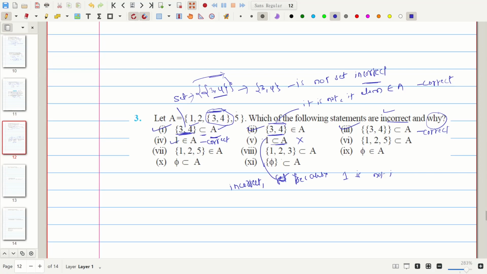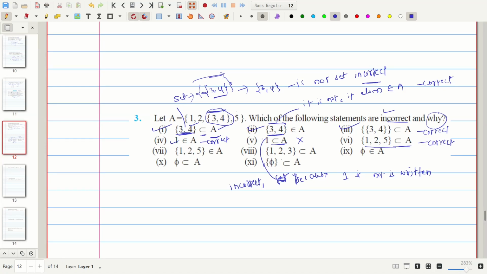For an incorrect statement we have to give the reason. And here {1, 2, 5} is a subset of A, it is correct. The statement is correct.